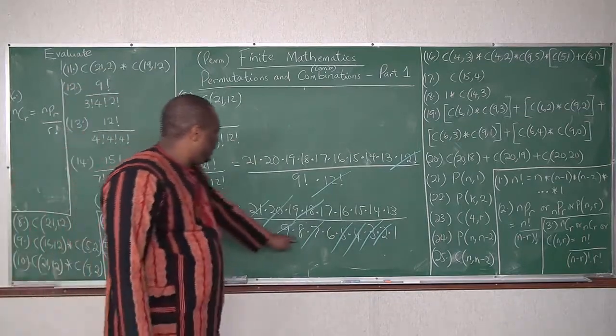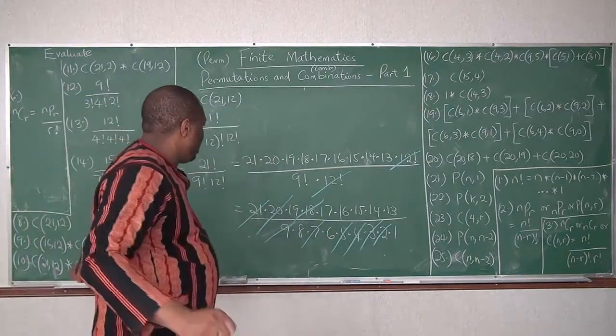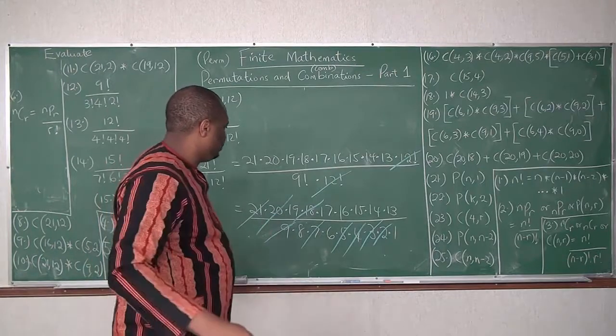So what we got now, we have 8, 6, okay. So what do we do now?